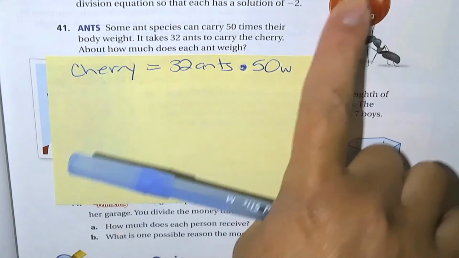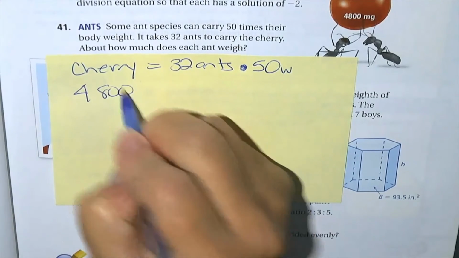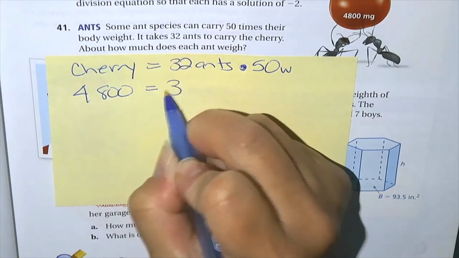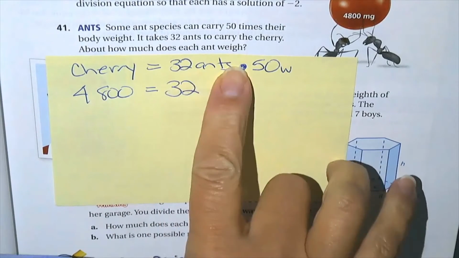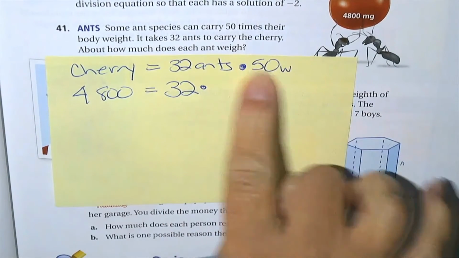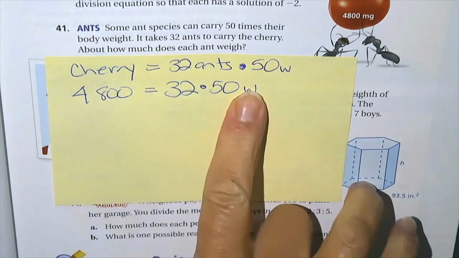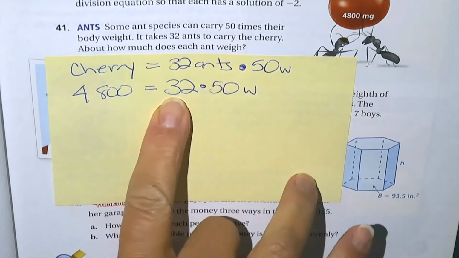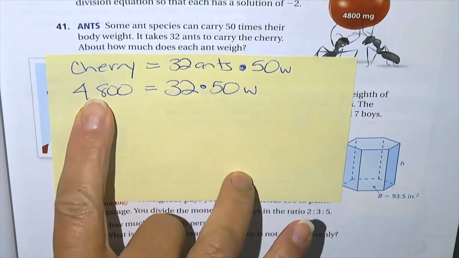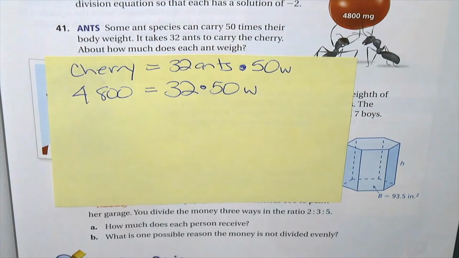Now we're going to substitute. The cherry is 4,800 milligrams equals 32. I'm going to take ants out, 32 ants, because this here is an ant. 50W. We want to know the weight of one ant, and there's 32 of them. So it took 32 to carry this, and one ant can carry 50 times its weight.